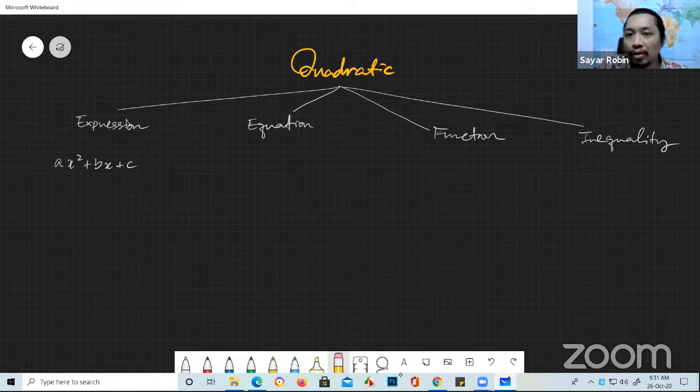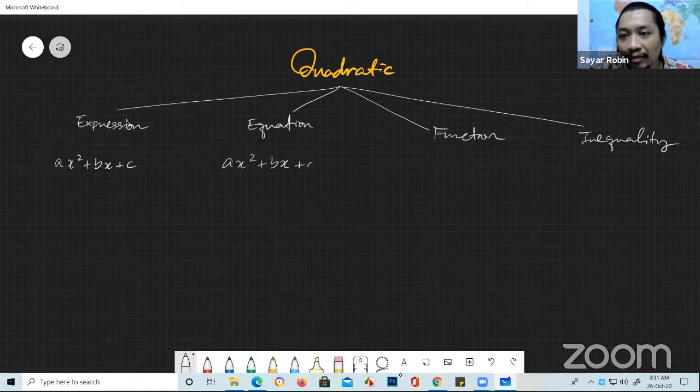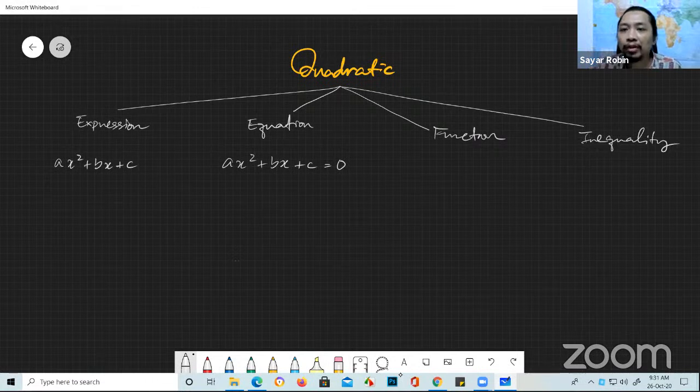Okay, what is an equation? We have to understand that ax squared plus bx plus c must be equal to 0. If you see ax squared plus bx plus c equal to 0, that is called an equation. What kind of equation is this? A quadratic equation, right? If you see ax cubed plus bx squared plus cx plus d equal to 0, that is called a cubic equation.